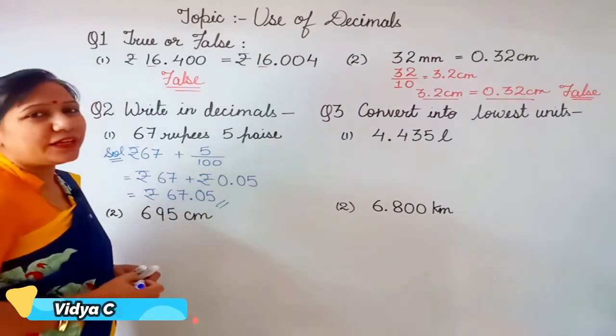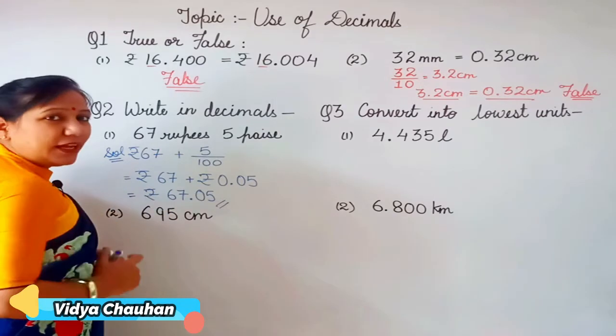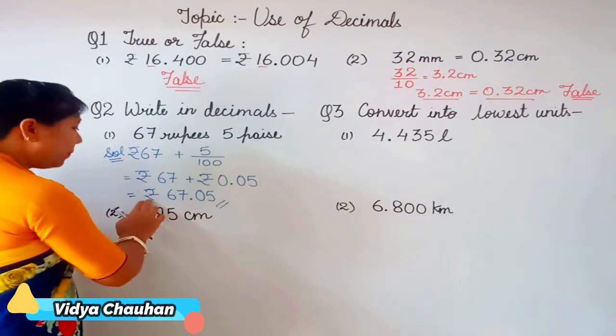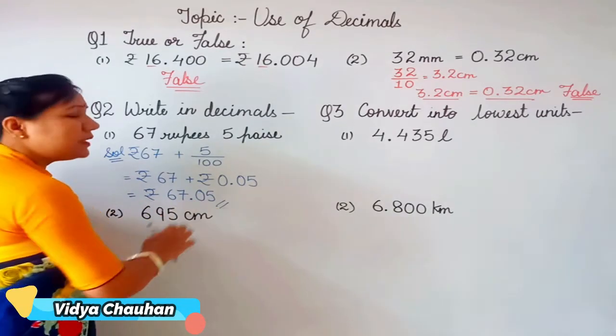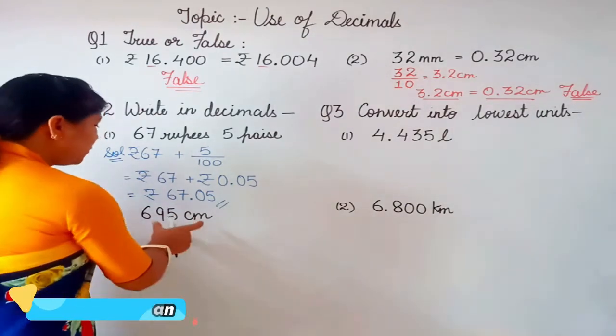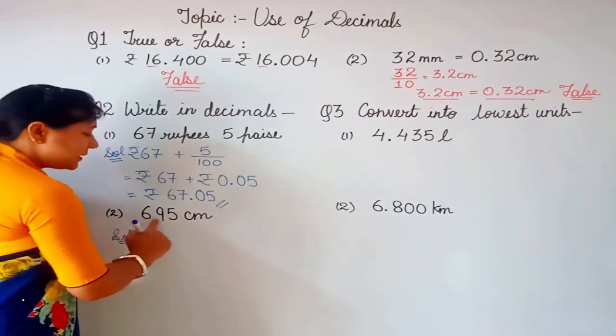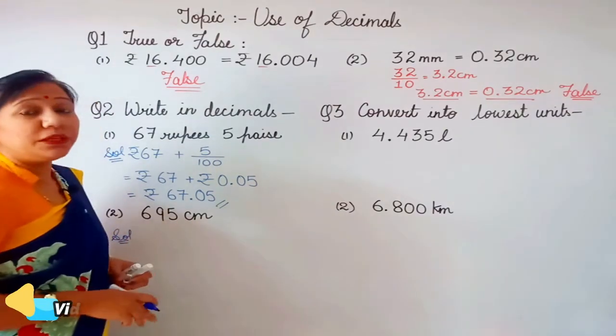This is your final answer. So 67 rupees 5 paise in decimal form is rupees 67.05.